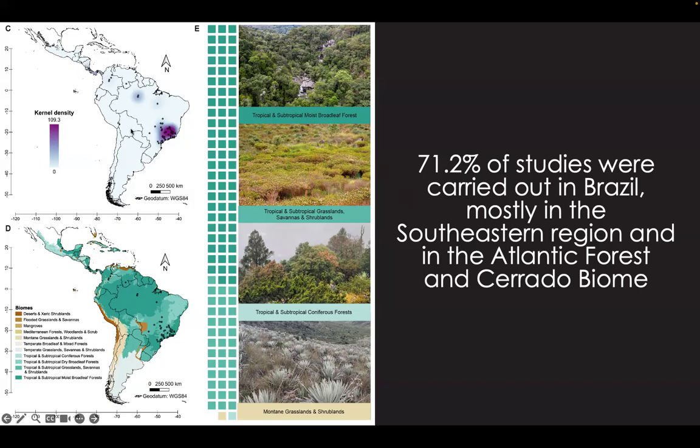And if we try to locate these studies in the different tropical biomes, we see that, with the exception of only two studies, all the studies in germination ecology were carried out either in rainforests, what we call here the tropical and subtropical moist broadleaf forest biome, or in tropical and subtropical grasslands or savannas.